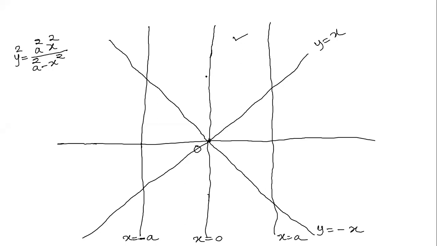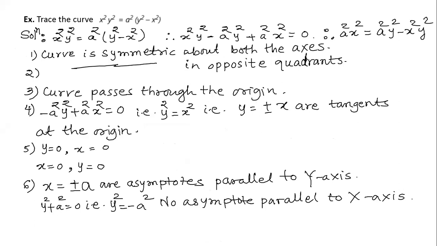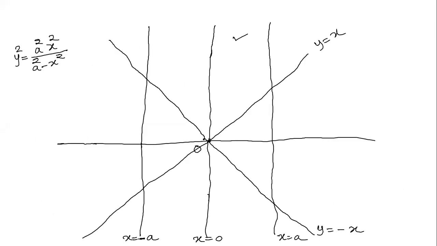Then the next question is: does the curve exist between x equal to 0 and x equal to minus a? There are two ways. You can just put x equal to minus a by 2 and see whether y square is positive or negative. Otherwise, we have seen that the curve is symmetric about both the axes, so it is symmetric about the y-axis. Also, the curve exists between x equal to 0 and x equal to a, so the curve is definitely going to exist between x equal to 0 and x equal to minus a.